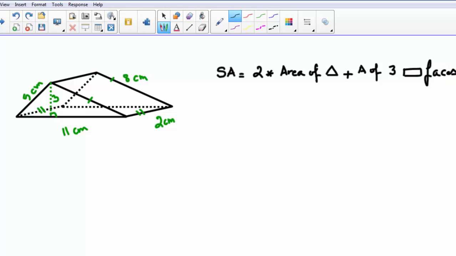If I understand that, I don't even need the net. So let's start. I have 2 triangles that are congruent, so 2 times the area of a triangle.